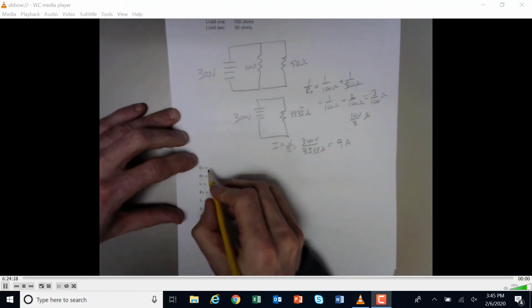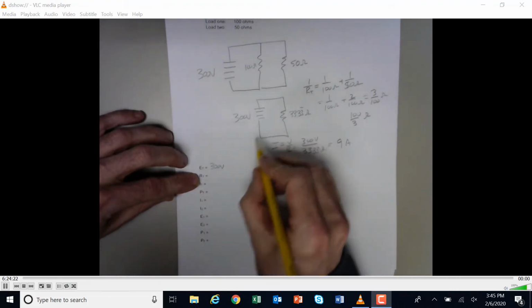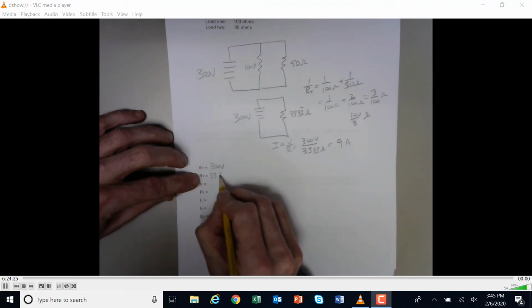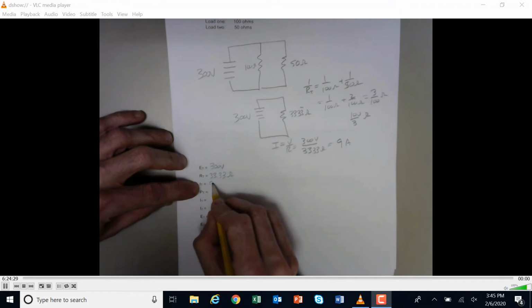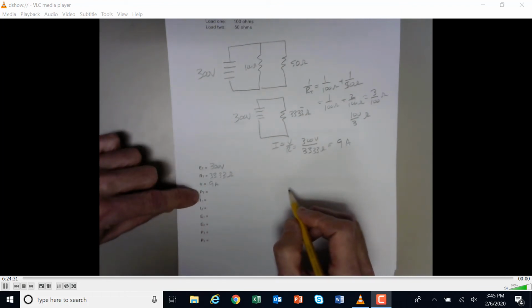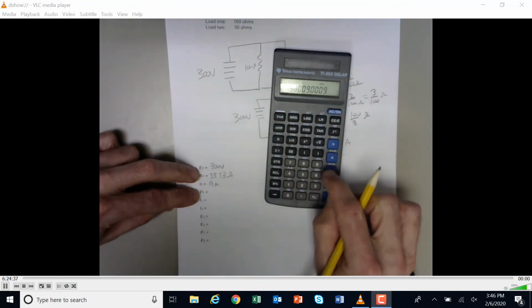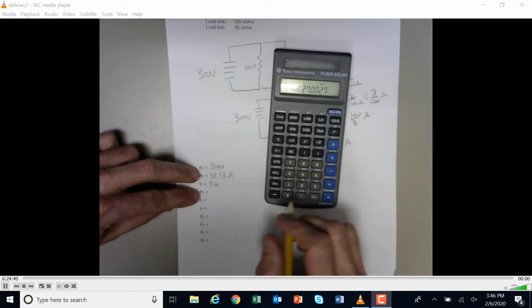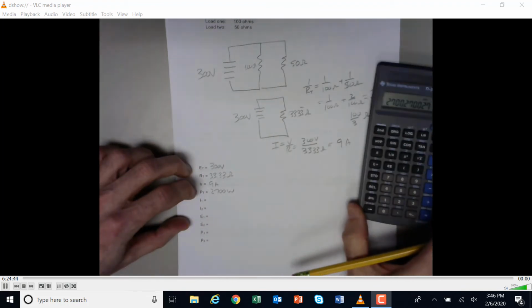So I know my voltage here was 300 volts. My total resistance was 33.33 ohms. The current flowing through this one is 9 amps. And power equals E times I. So I take my amperage right there, 9, times 300. I get 2,700 watts. All right.